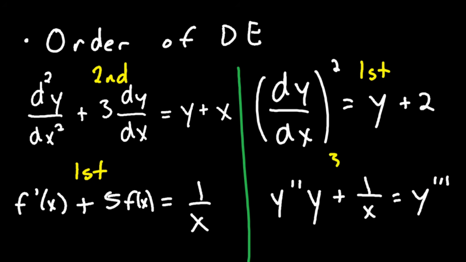Well, it is a third order differential equation because the highest order of a derivative you found in the entire equation is a third order derivative, with these three little prime guys right here. Okay, so remember, the order of a differential equation is determined by the highest order derivative in the equation.